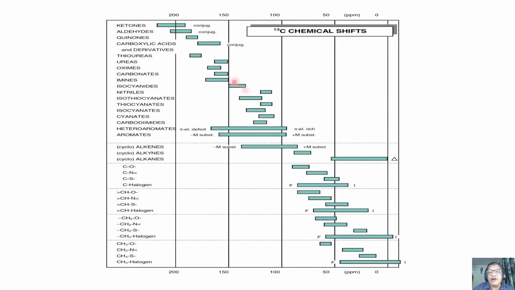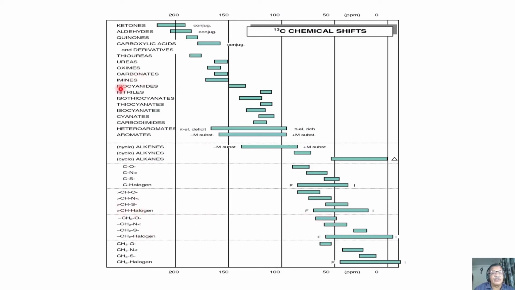For example, if I have carbon-13 chemical shifts, remember carbon-13, the chemical shift varies from 0 to 300 ppm. It can go even beyond. In that case, again, if I see the carbon CH3 attached to halogen, it may come somewhere here. If I have to look for the CO group, it may be somewhere here. CH2 attached to oxygen comes somewhere here.